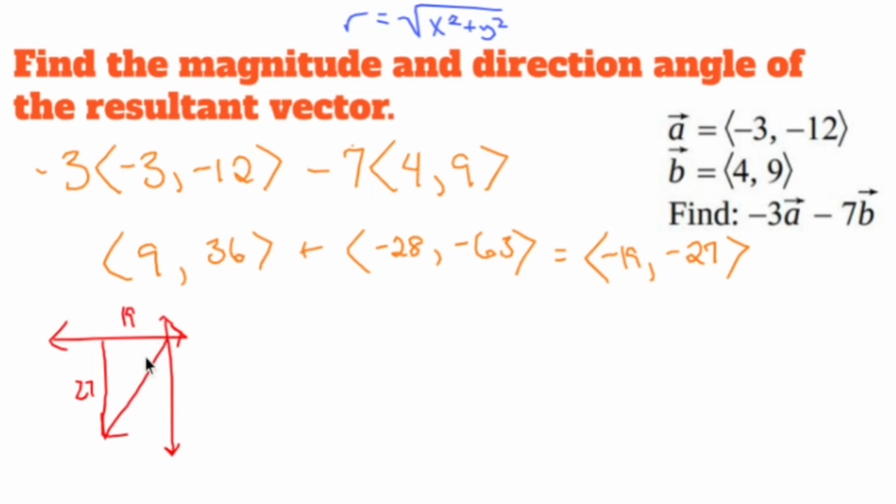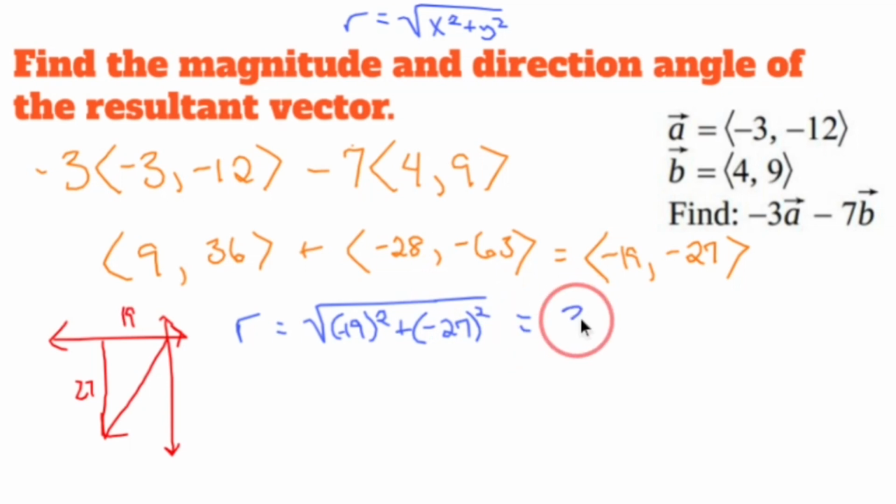So in order to find the magnitude, r is going to equal the square root of negative 19, we'll put negative just to prove the point that this becomes positive, squared plus negative 27 squared. I'm going to do this mentally and not use a calculator and find out that this becomes 33.015. Big brain.